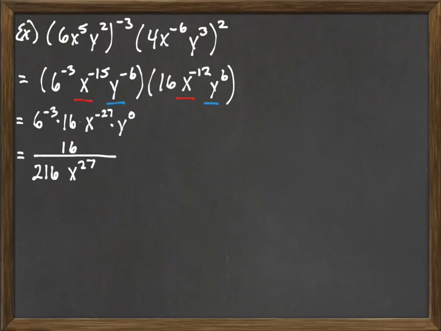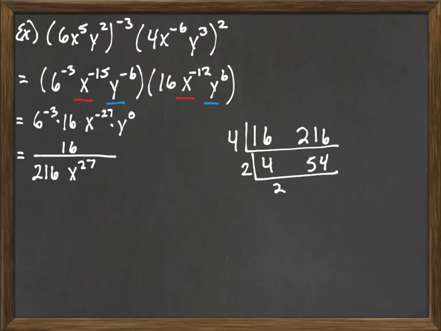There is one final thing that we need to do here, and that is some simplifying. I have the 16, the number on top, and the 216 on the bottom. So I'm going to do some of my little birthday cake division, writing my 16 and 216 beside each other. The first thing I see is I can take a 4 out of both.